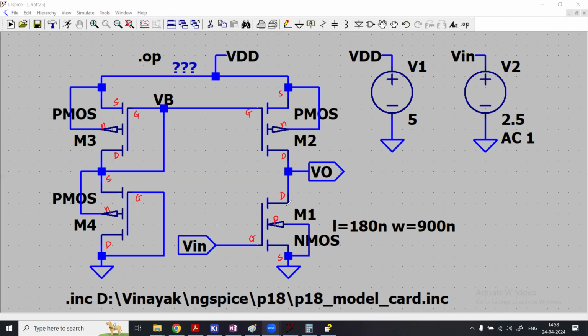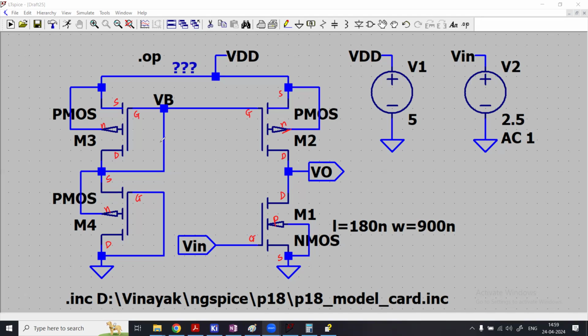The substrate in which the NMOS transistors are fabricated is a P-type substrate. The substrate in which PMOS are fabricated, that's N-type actually. If you look at the cross section of the NMOS and the PMOS transistors, we have explained that in some of the modules, so we'll not talk about that in detail right now.